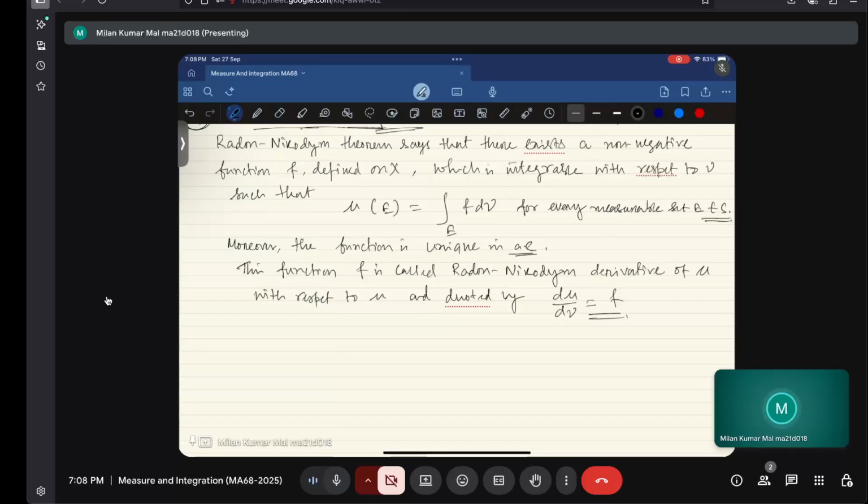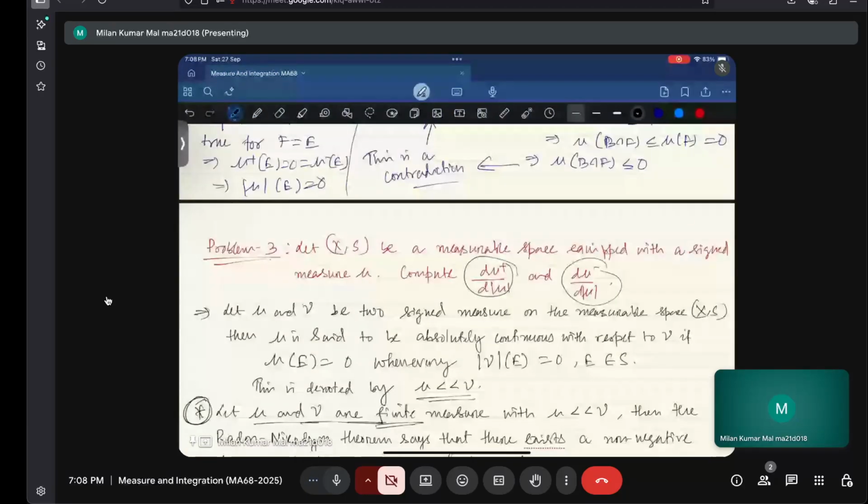But note that this Radon-Nikodym theorem is stated for positive measures. So that's why we are looking at it this way. Okay, so now let's get back to the question. The question is to compute d mu plus by these two.